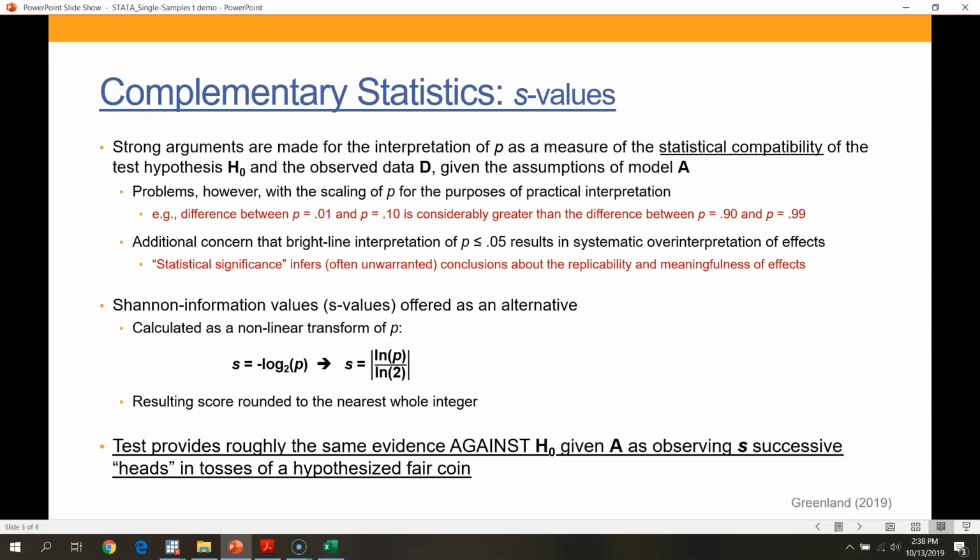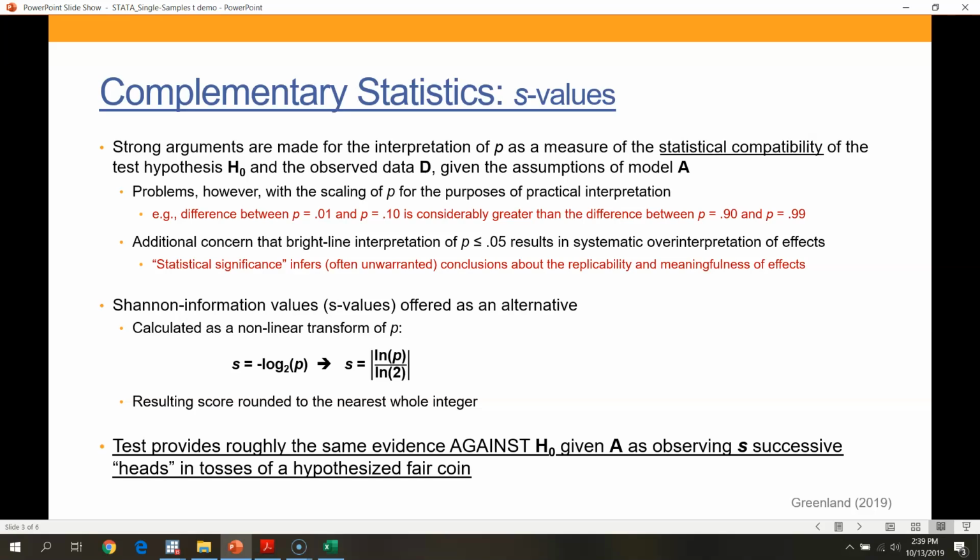We're also going to calculate S values. Remember that this is an alternative metric for evidence against the null hypothesis, and we interpret our S value as how much evidence against a fair coin we would take if we were to observe that many successive heads tosses. So if I have an S value of 10, that's like getting 10 successive heads tosses of a hypothesized fair coin.